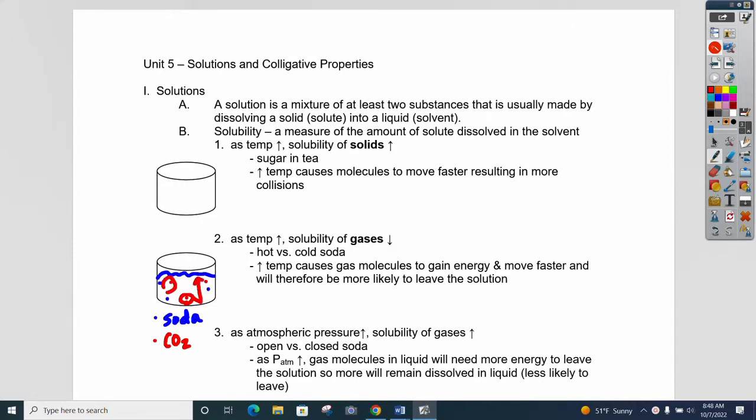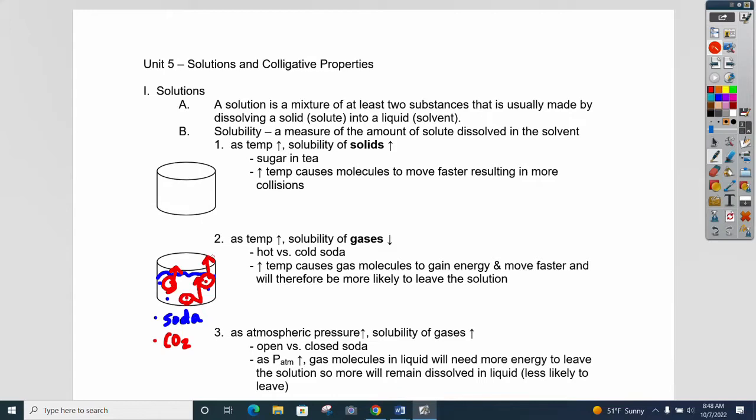These gas molecules have a set amount of energy. The more energy you provide, the faster they are going to rise to the surface of the solution and leave. They're less dense than the liquid, and so they will rise to the top. You know that when you open up a bottle of soda, the gas molecules all rise to the top, and then you see some of them leave, bubble up and out.